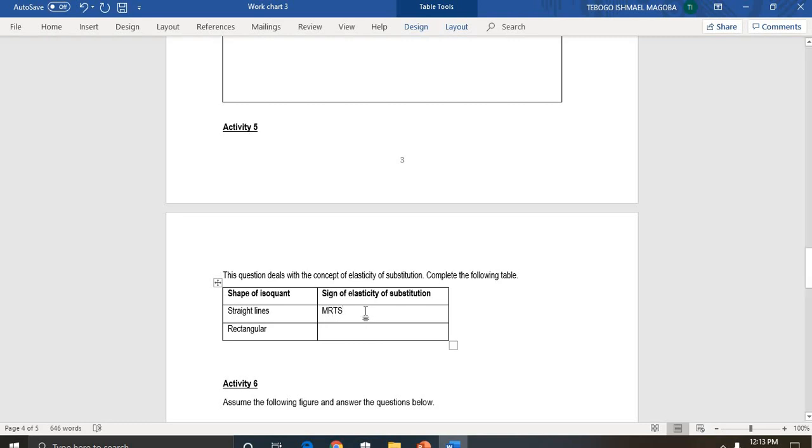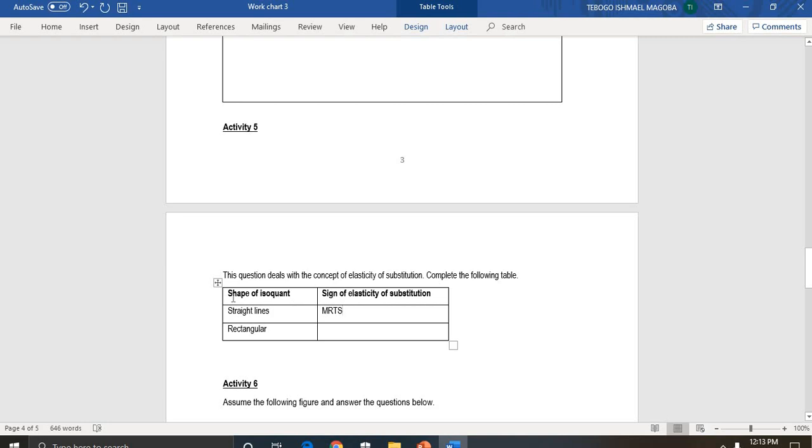What is that? That is the substitution between labor and capital. Okay, using more labor or using more capital in producing certain products.